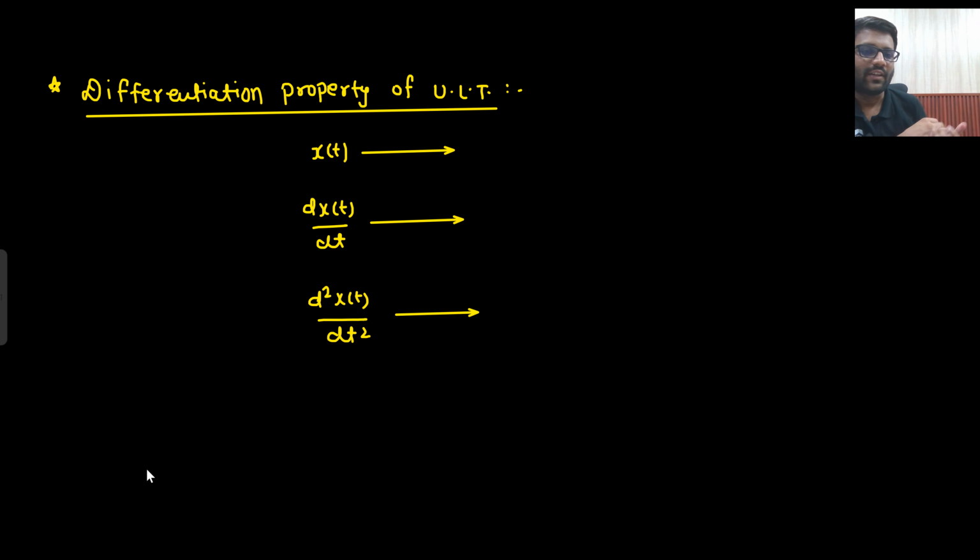Now we are going to see the differentiation property of the unilateral Laplace transform. So from here we will understand the actual use of the unilateral Laplace transform, where we are going to use it. So first let's see the property. For the bilateral Laplace transform, do you remember the property?